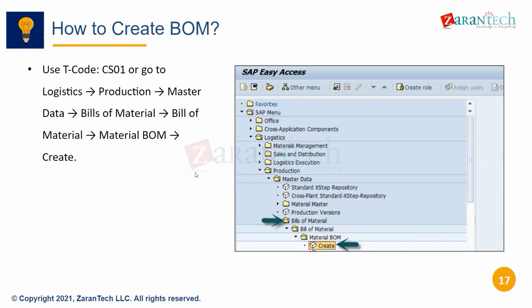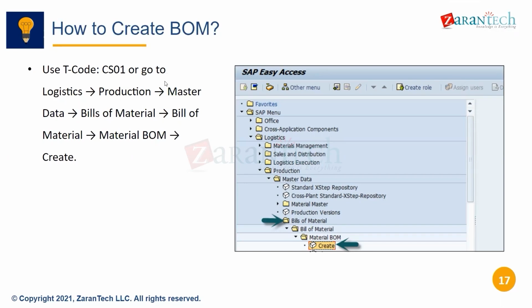Take the example of a mobile. The mobile is a material, and to produce or assemble the mobile, we require a display, battery, buttons, camera, some electronic devices. These are the components, and the final product is the mobile. That assignment we do in the BOM.